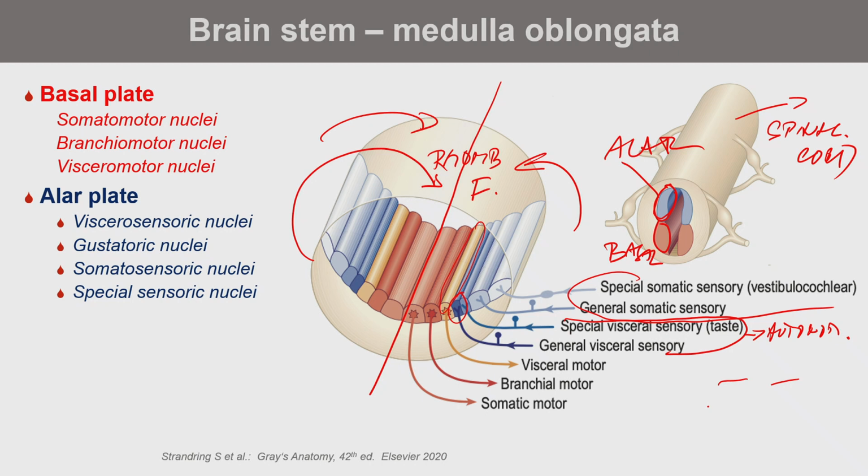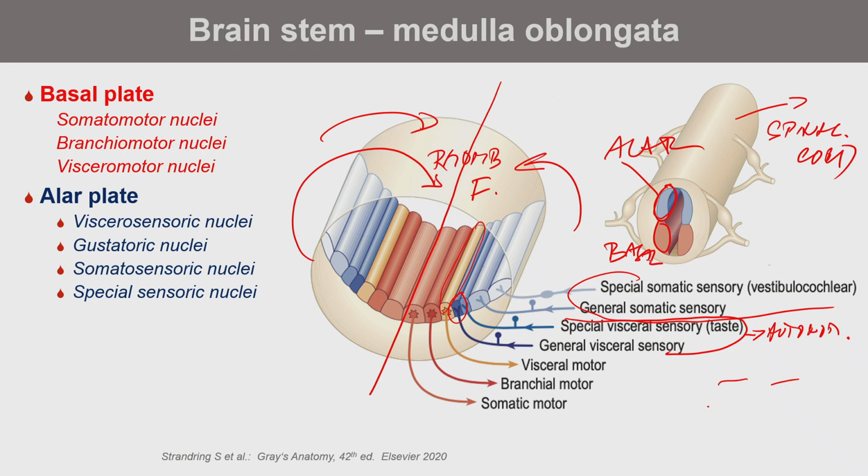It's by the trigeminus. All three branches of the trigeminus are able to lead this sensation. This is the mandibular nerve, maxillary nerve, and here ophthalmicus. This is a general somatic sensation. So proprioception and also the tactile sensations.